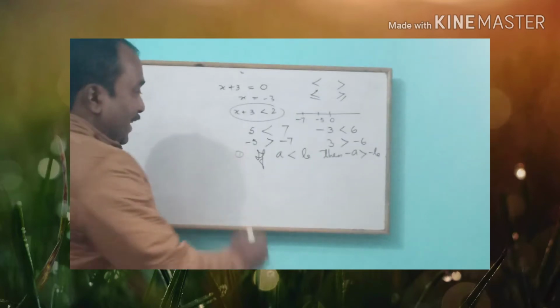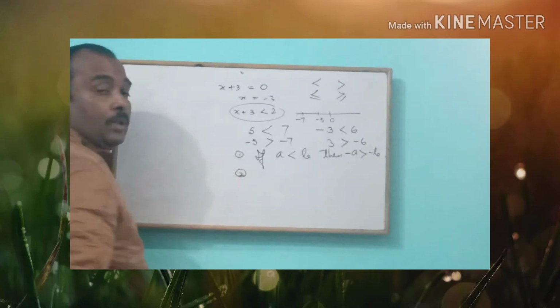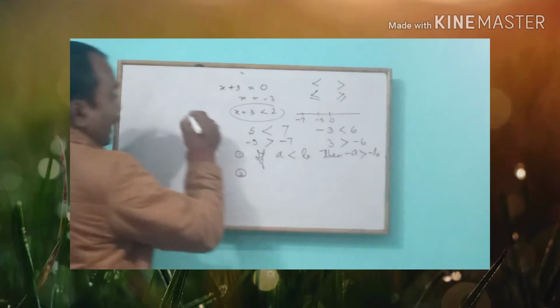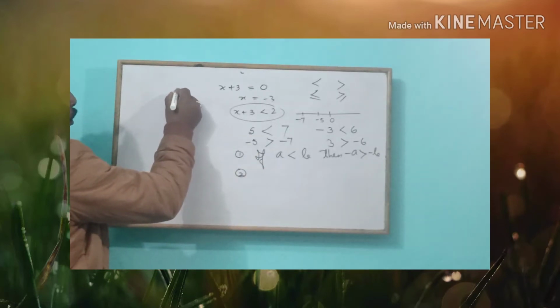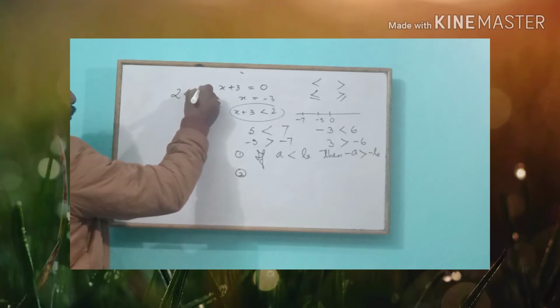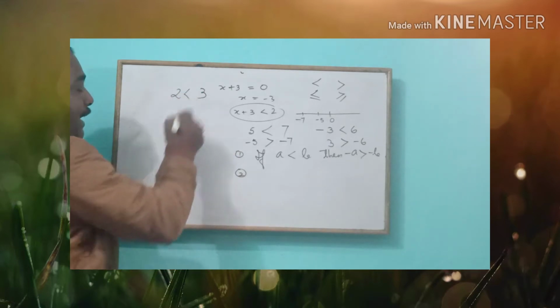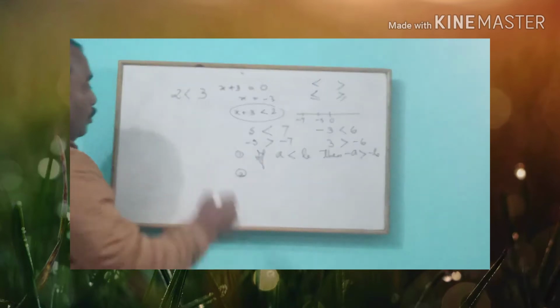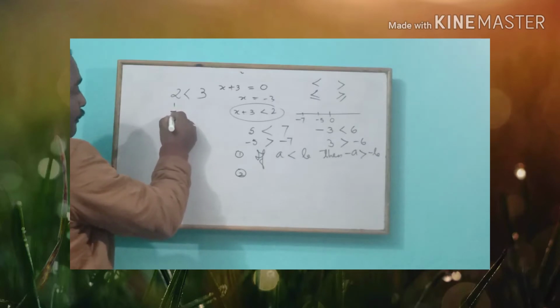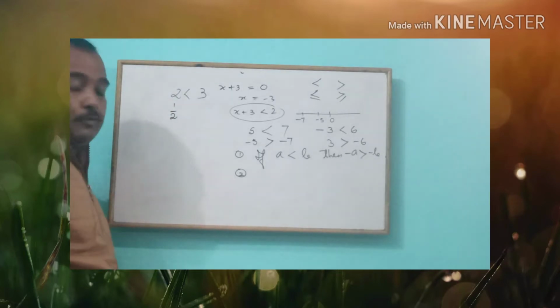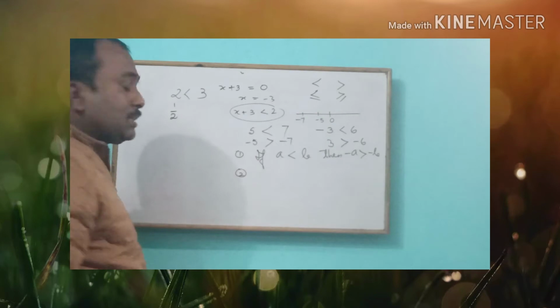This is one rule. The second rule is, suppose we take an example, say 2 less than 3. 2 is a number less than 3. Now if I take the reciprocal on both sides, the reciprocal of 2, that is 2 by 1, is 1 by 2.